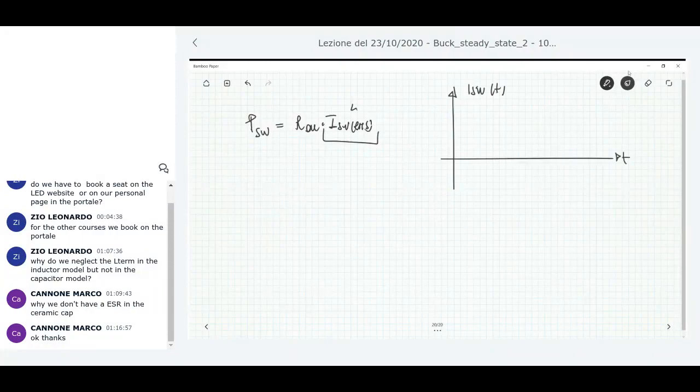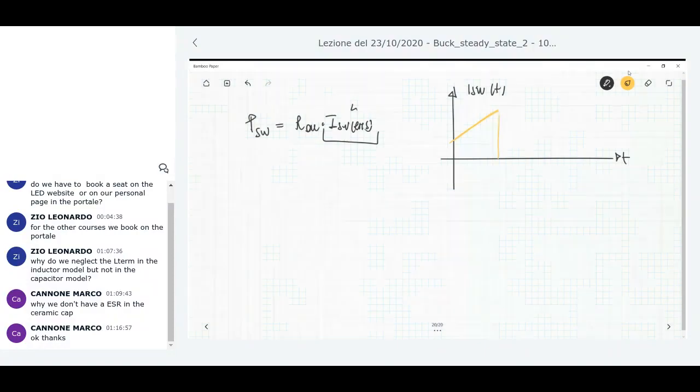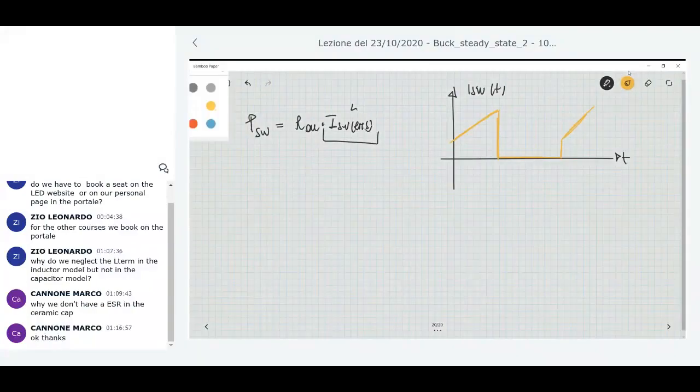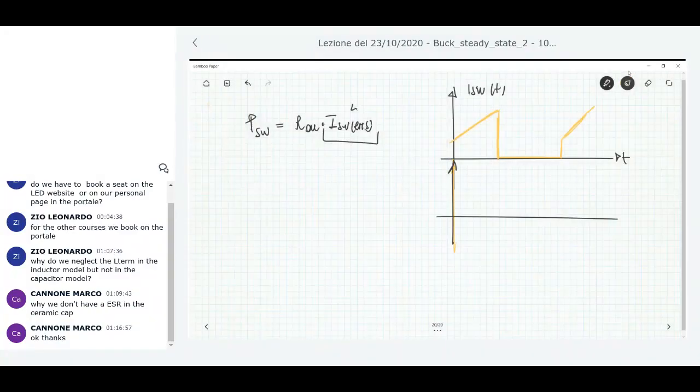The switch current is something like this, like the IL when the transistor is on, etc. We commented on this waveform several times before. If you look at the inductor current from which this waveform is obtained, the inductor current is the same, then goes down, something like this.